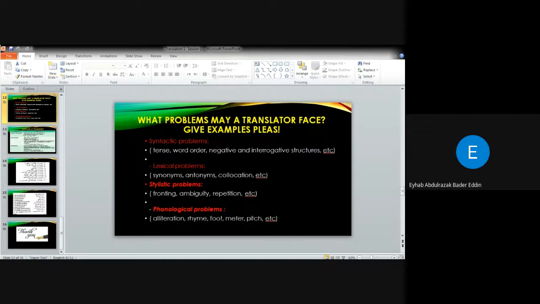This has to do with the difference in the sound systems of the two languages. So if we want, for example, to rhyme words which end with, for example, anas, khannas. Okay, anas here ends with alif sin, while in English it's not necessarily ending in alif sin, right?